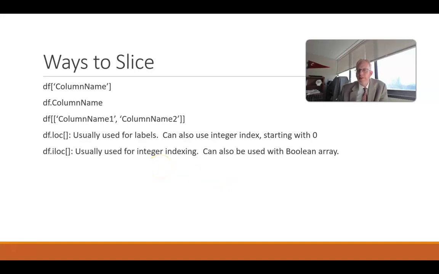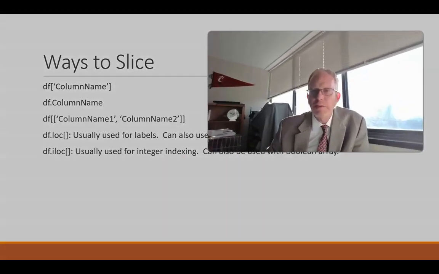If we're going to use an integer index, we'll typically use iloc instead. iloc will work with integers and will also work with a Boolean array, where we have true, true, false, false, false, true, true, and then it only returns to us those items that match with a true value.